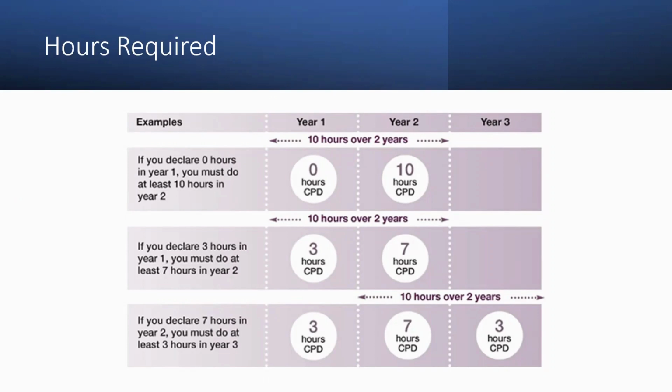If, on the other hand, you did 3 hours in year 1, then you'd have to do 7 hours in year 2, and then 3 hours in year 3, so that any 2 subsequent years add up to 10 hours. I don't know why they made it this complicated. I honestly don't, but they have.